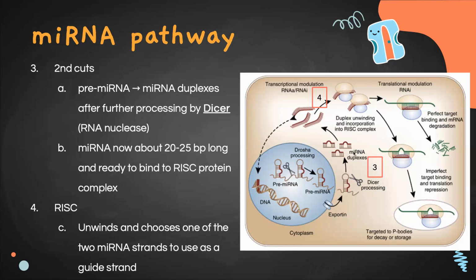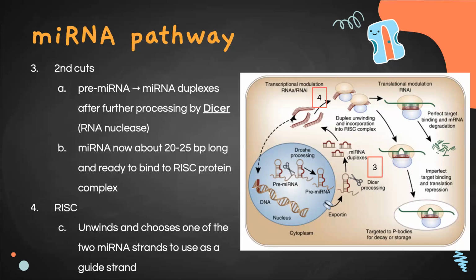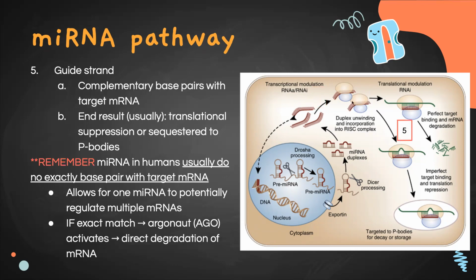This is what is picked up by the RISC and unwound and used as the guide strand. Here is the duplex unwinding. This is RISC unwinding, and then the next step, here it is as a guide strand. This red one is the guide strand.